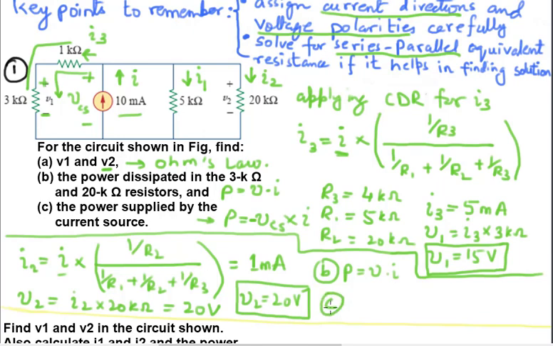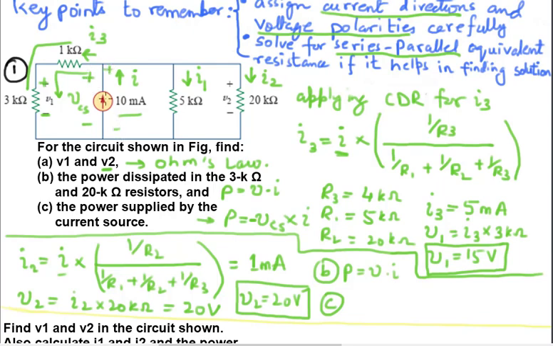Now part C is interesting because in part C you don't need to calculate any other thing. You just need to see what is the power supplied by this current source. The easiest method is that you find out the voltage across this current source.